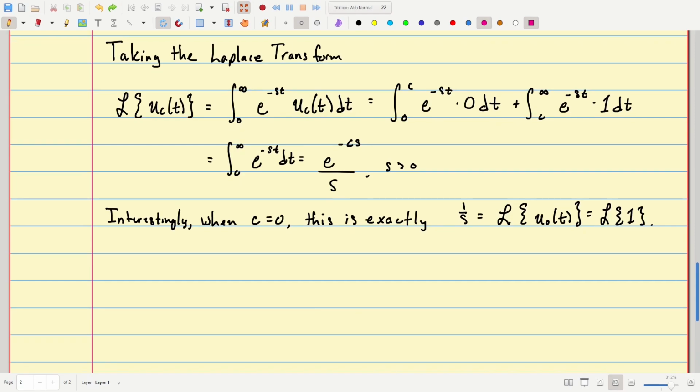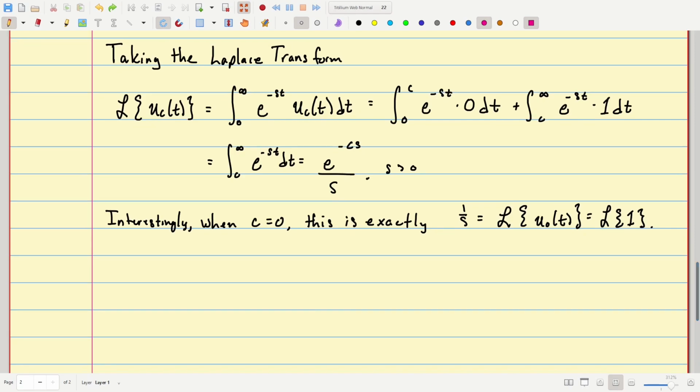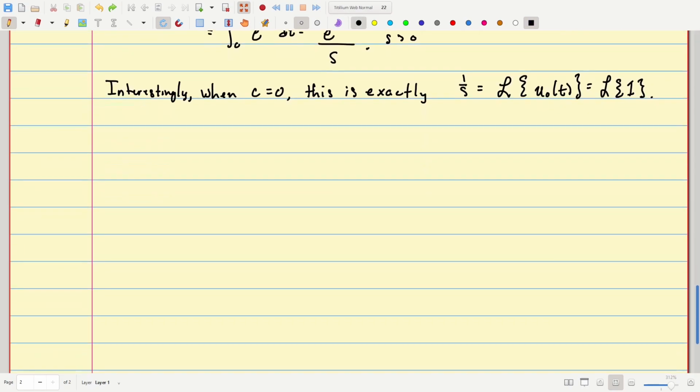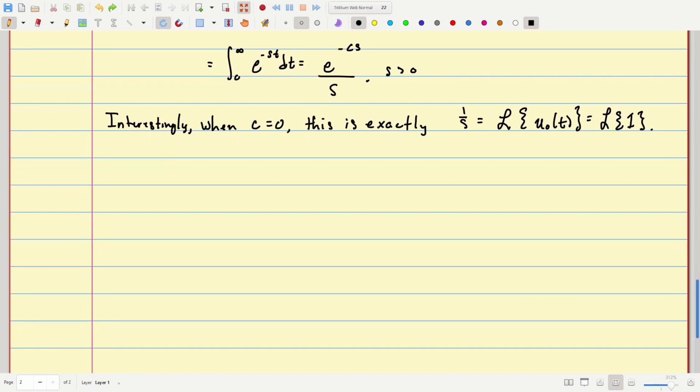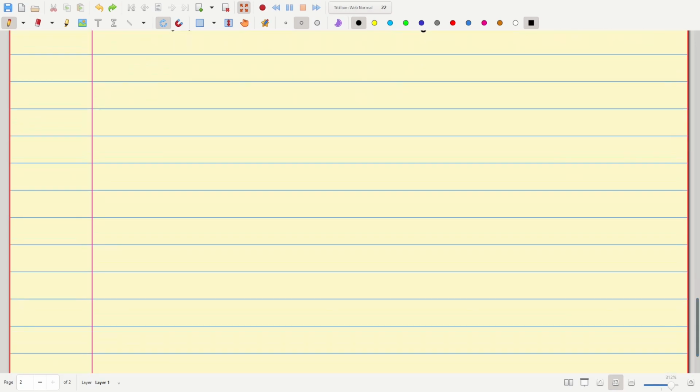Now, one of the really powerful uses for this is related to the idea of choosing a shift value.